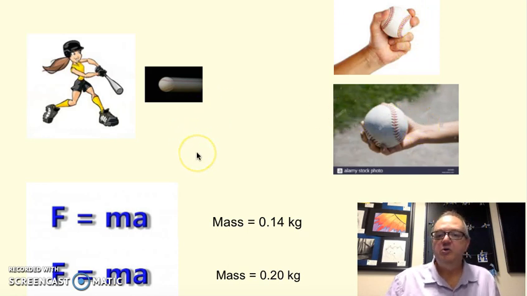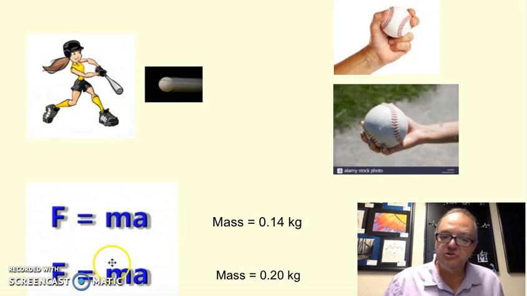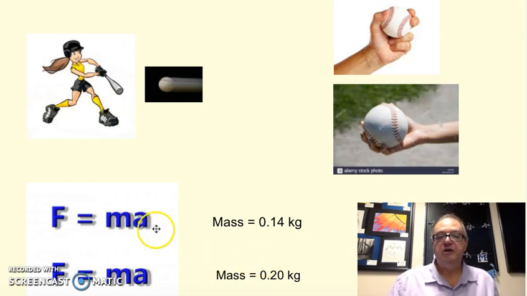Newton would say no. Newton would say that the force is equally affected by the mass of the object and the acceleration. So if you have the same force thrown on the baseball, which has a mass of 0.14 kilograms, as you have same force thrown with a softball that has a mass of 0.20 kilograms, then Newton would say that you cannot have the same acceleration.